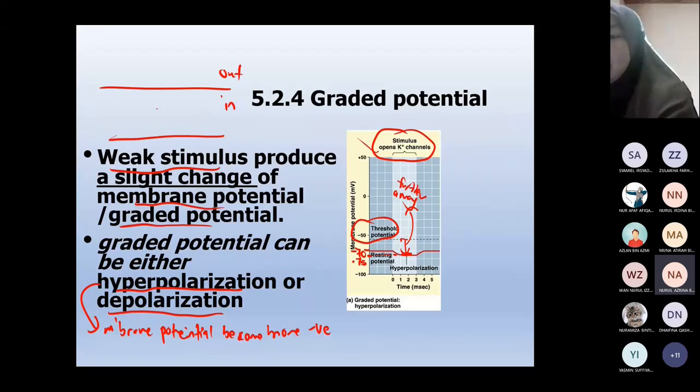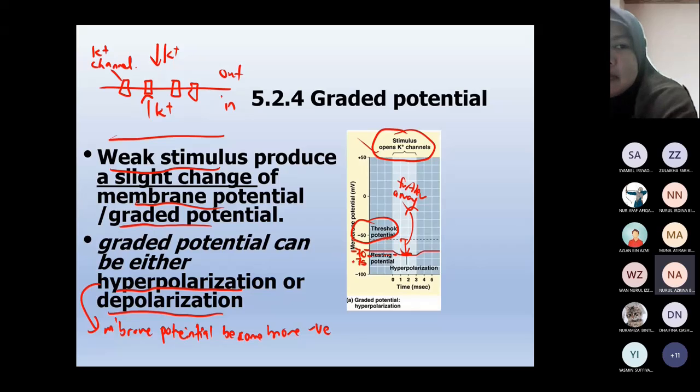Remember, inside of the membrane we have a very high concentration of potassium ion and a low concentration of potassium ion outside. Remember, the membrane has so many potassium ion channels. So what happened? Many potassium ion channels are open, so more potassium ion leaves the cell, diffusing out.